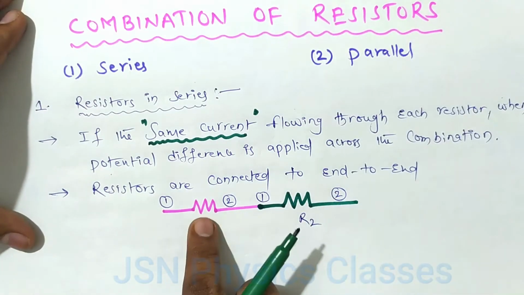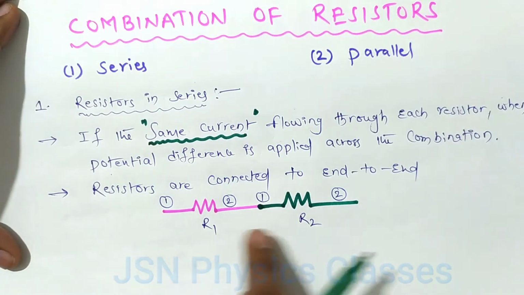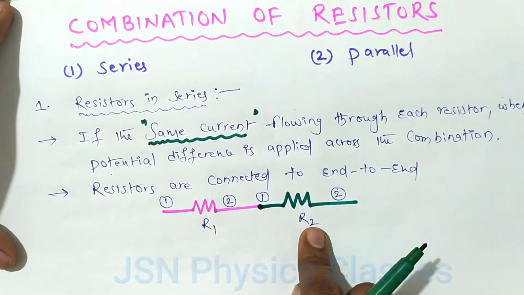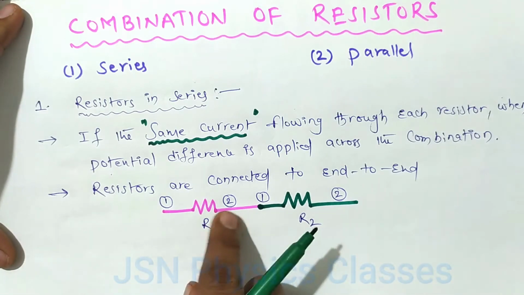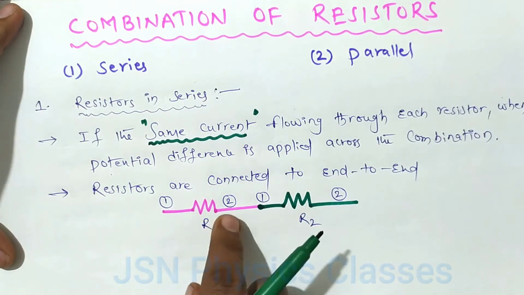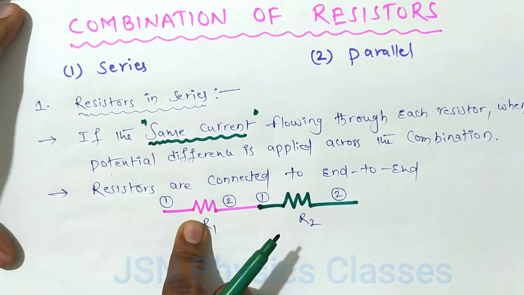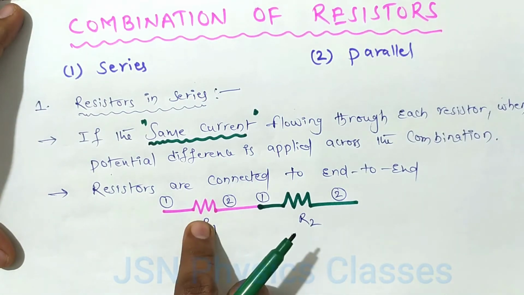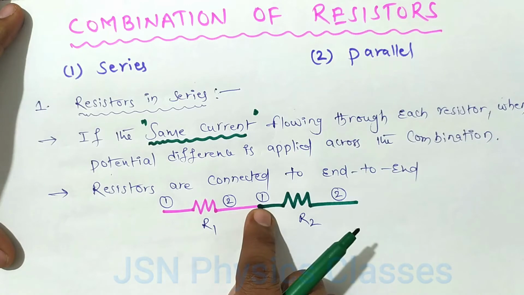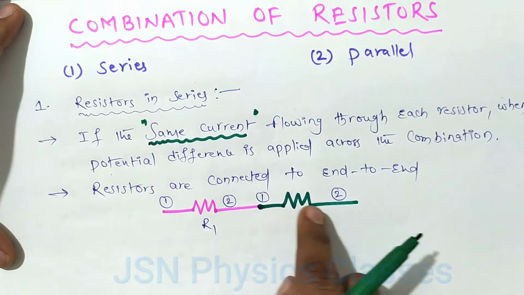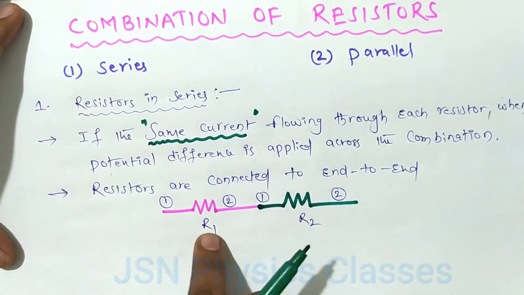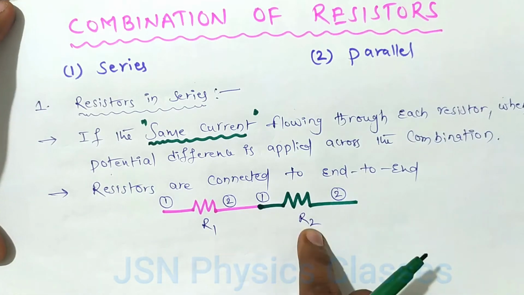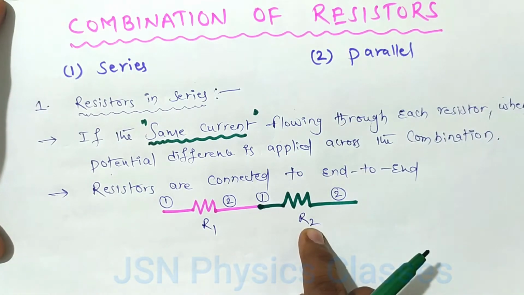End-to-end connection means, see here R1 is one resistor, pink color, and here R2, the green color resistor, the second resistor. In this case, the second end of the first resistor is connected to the first end of the second resistor. If the connection is like this, these resistors are in series combination.